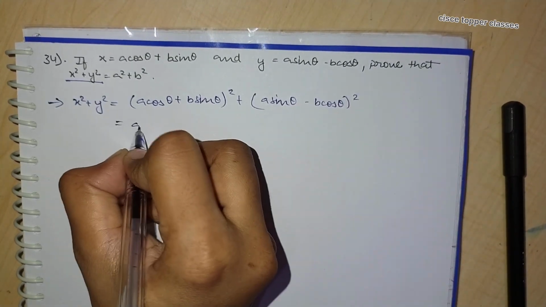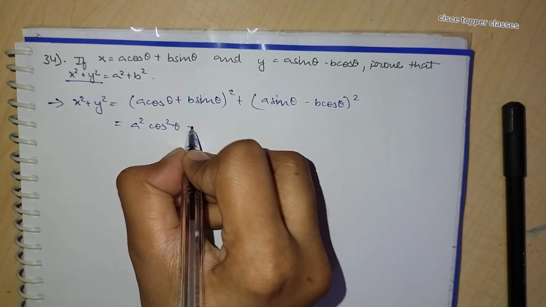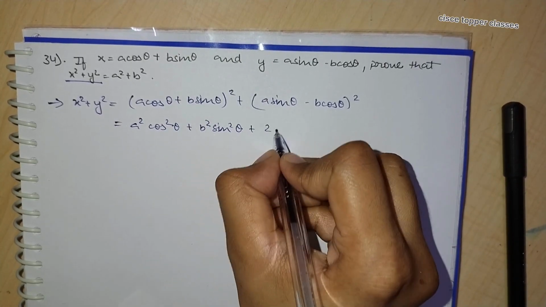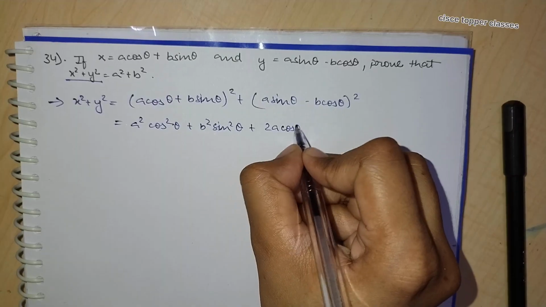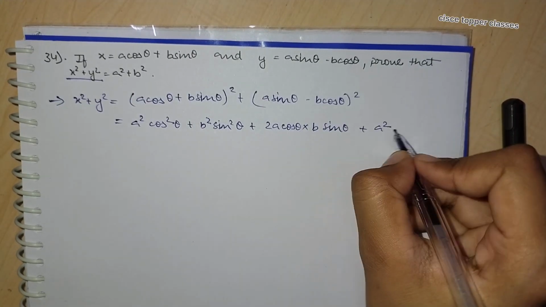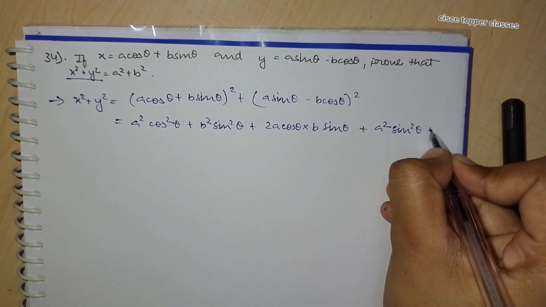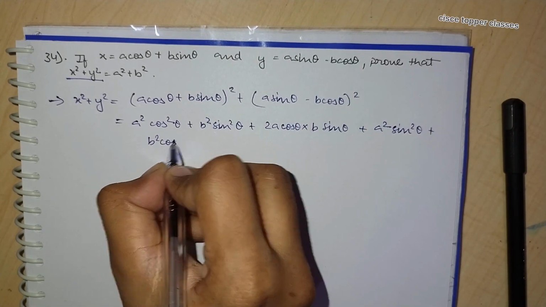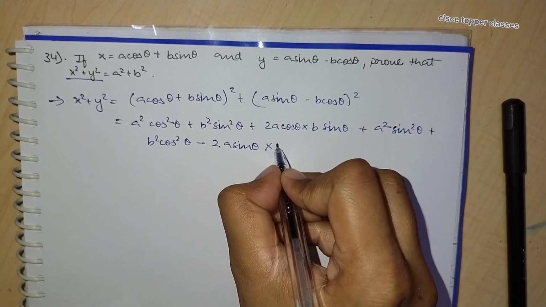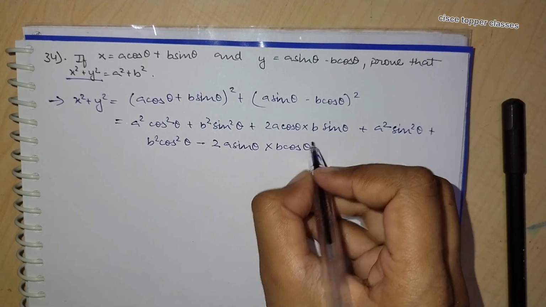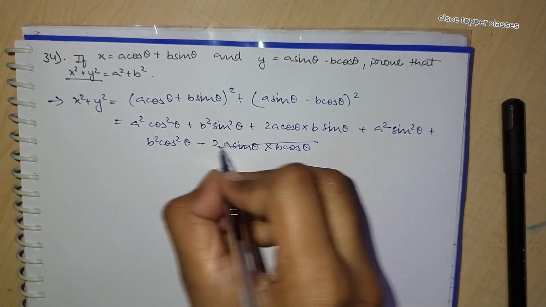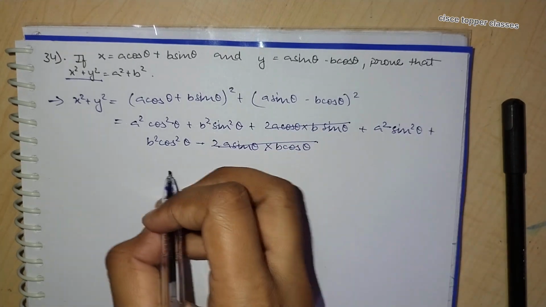So this will be a square cos square theta plus b square sin square theta plus 2a cos theta into b sin theta, again a square sin square theta plus b square cos square theta minus 2a sin theta into b cos theta. So this will cancel out here, 2ab sin theta cos theta, and here also 2ab sin theta cos theta.